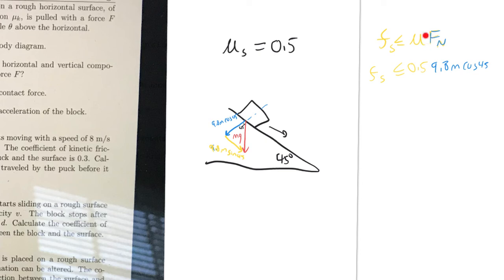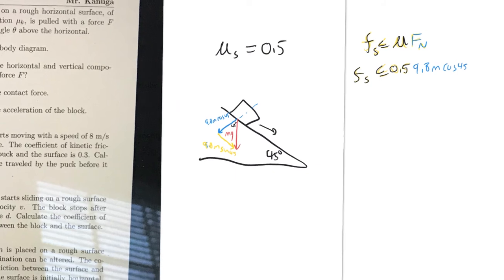Any less than this and the block stays still. But if you hit this force or greater, then the block starts to move. So the question is this vector here, not to be confused with all this yellow. Let me just make this black. The question is: is this yellow force here greater than this static friction force?